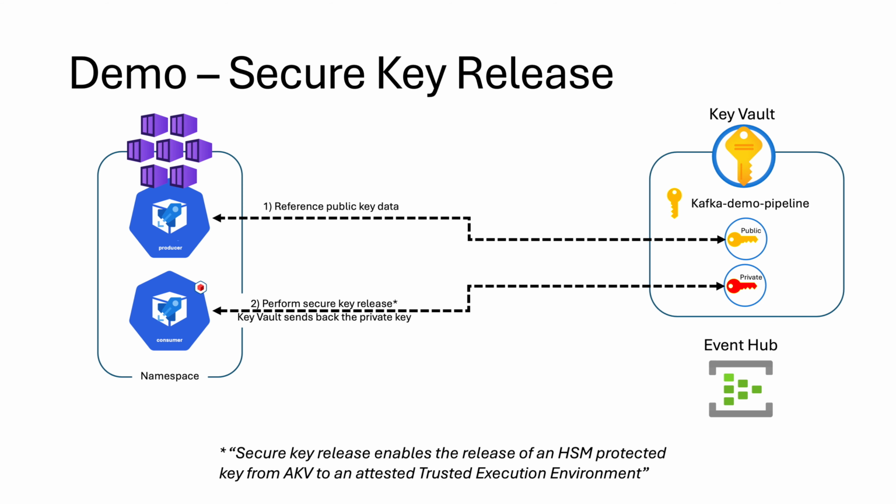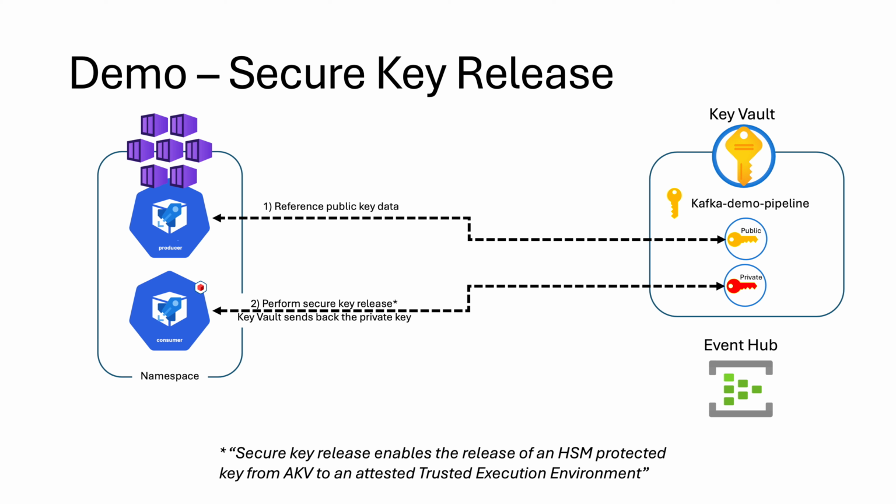And what we're going to do here is the producer pod is going to reference the public key data of our key. And then once the trusted execution environment has been attested, the key vault will return the private key to the consumer pod. So the consumer pod will be able to decrypt the messages that have been encrypted with the public key.